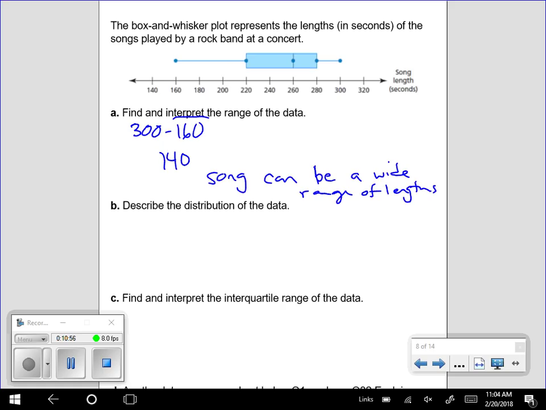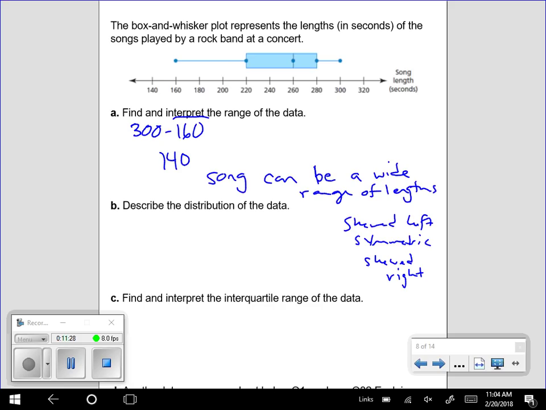Then it says describe the distribution of the data. To talk about this, I want you to go to your journal and look at page 337. The distribution of the data is talked about there. It says shapes of box and whisker plots. It talks about being skewed left, symmetric, or skewed right.